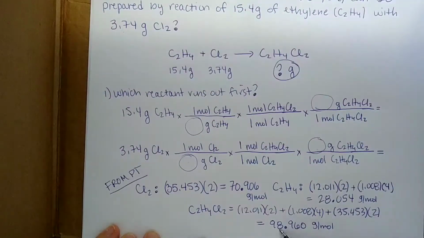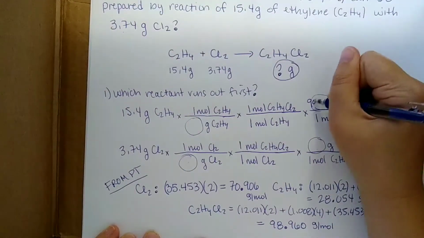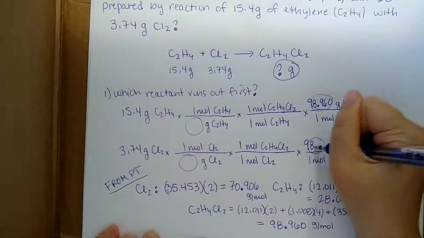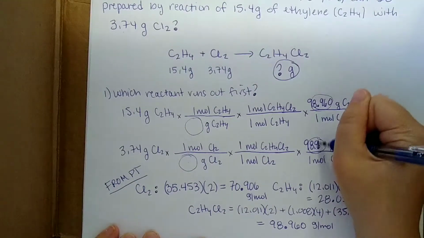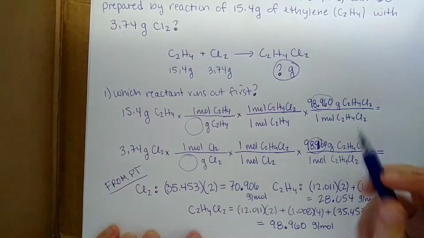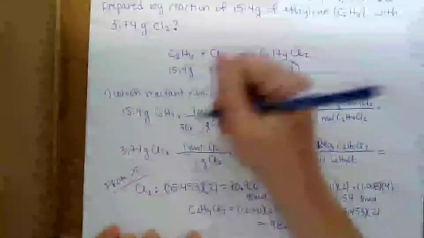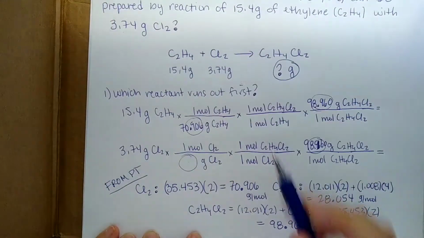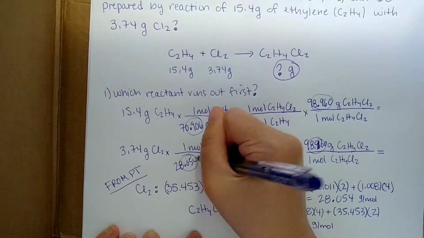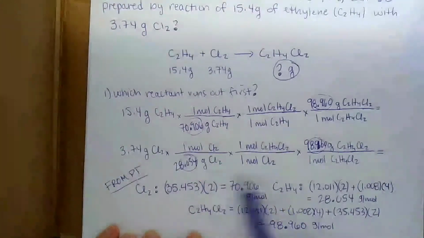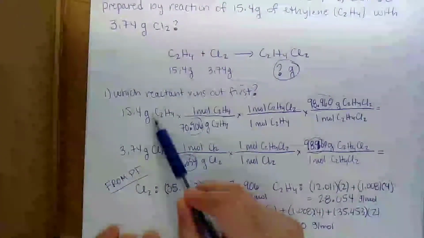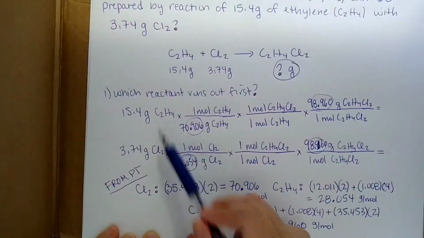So now that we have all of these things, we can finally fill in the missing pieces up here. Our product is 98.960, so you can fill both of those in, 98.960. And we need the molar masses for these two. So this is 70.906, and this is 28.054. Okay, so now we have all of the missing information. We're going to see how much product we can form from each one of these reactants.